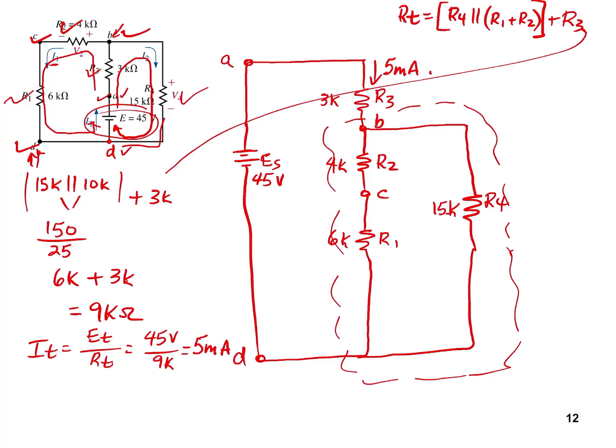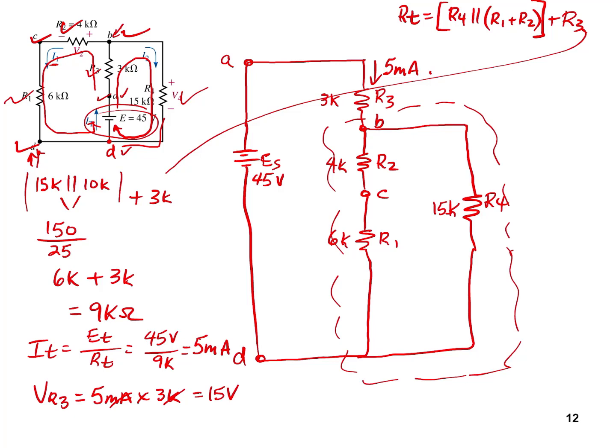We can see that R3 is conducting that 5 milliamps. And so now we can calculate our VR3 value. VR3 is going to equal 5 milliamps times 3K ohms. The K and the milliamps cancel out, and you've got 15 volts.